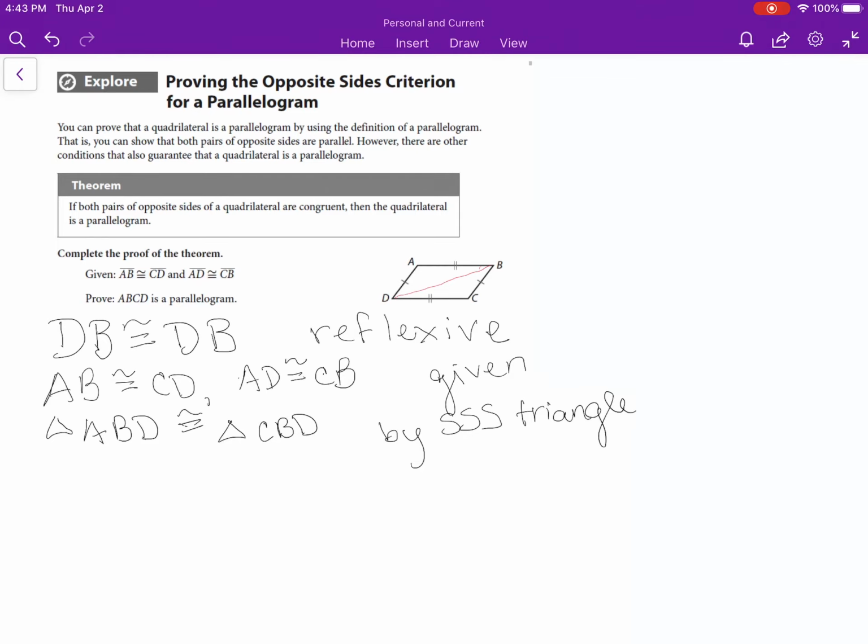I know that because these are congruent, I can say that the angles are congruent where I bisected my quadrilateral. So, angle ABD has to be congruent to angle CDB.